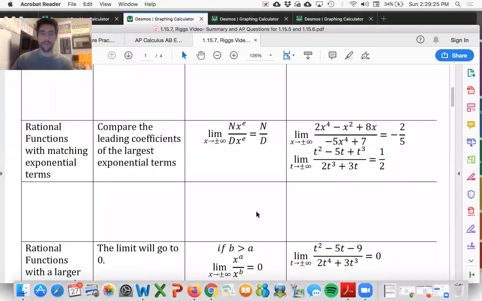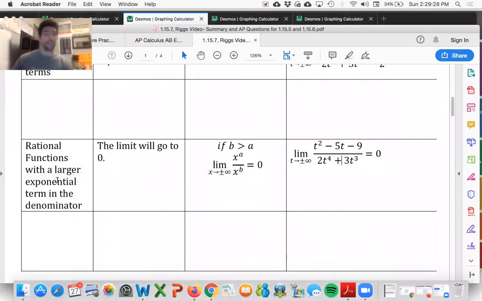Let me go back to my notes. So now if we have a rational function scenario where there's a larger exponential term in the denominator, the limit is going to go to 0 every time. So if you have this setup where you're comparing the two biggest terms and the exponent of the bottom term is greater than the exponent in the numerator, the limit's going to go to 0. I think that makes sense. This goes back to the idea of racing towards infinity.